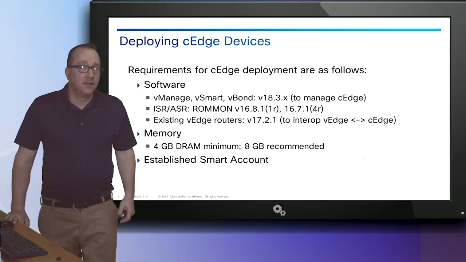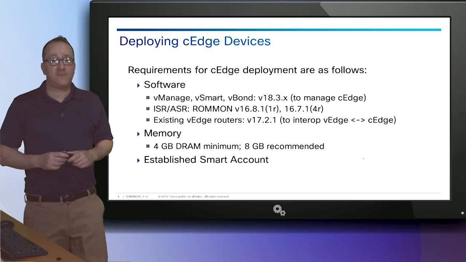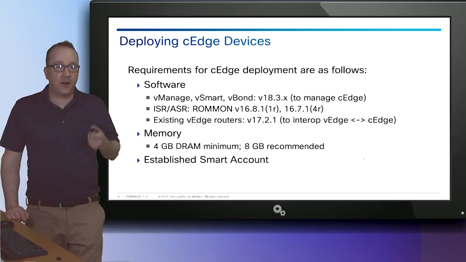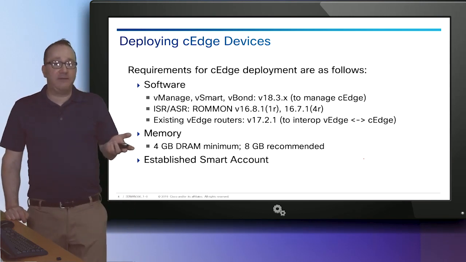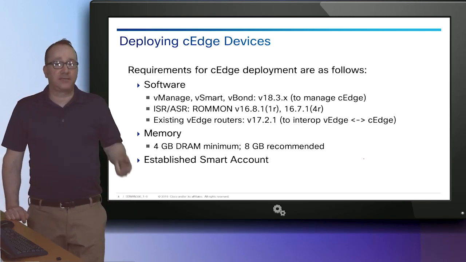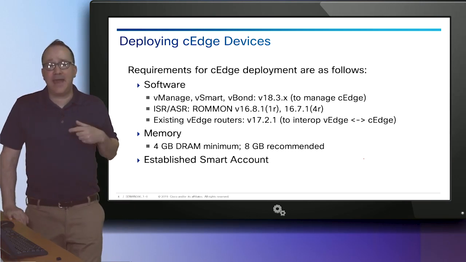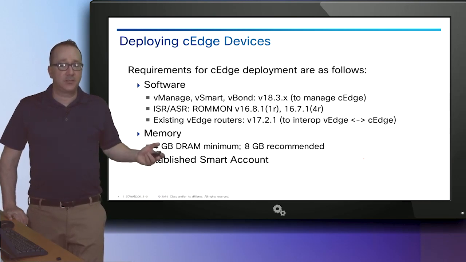Requirements for a cEdge, which means the SD-WAN software running on a Cisco router: you have to have an ISR or an ASR running a newer version of the software. If you want to interoperate with existing vEdge, you need at least 17.2.1. And remember, vManage has to be at the same or a higher version than any vEdge or cEdge software.